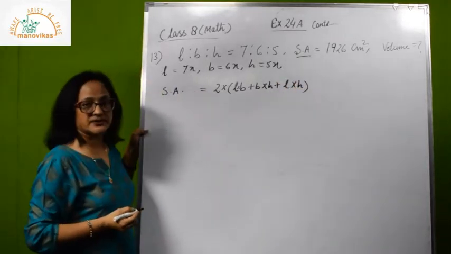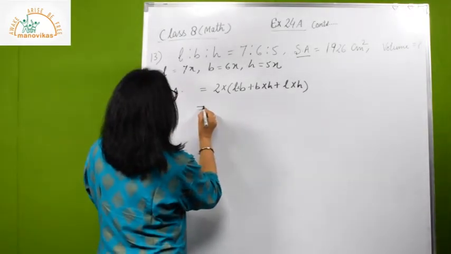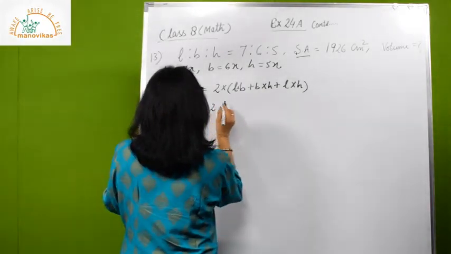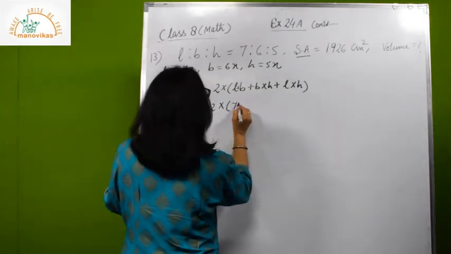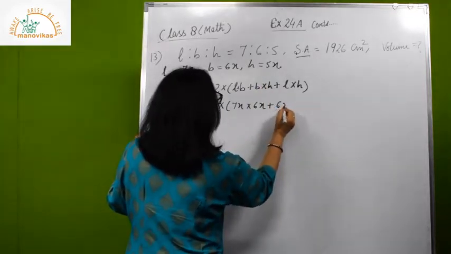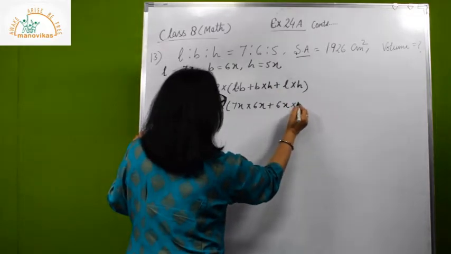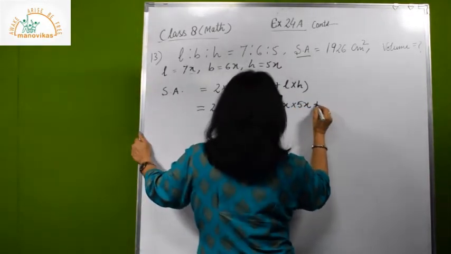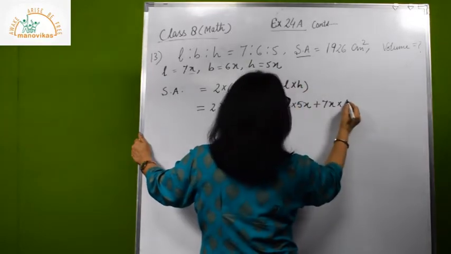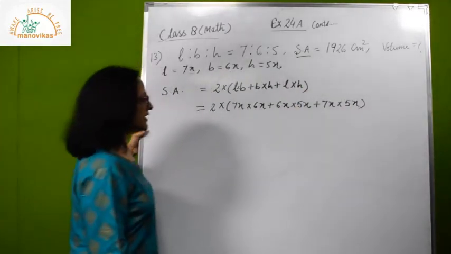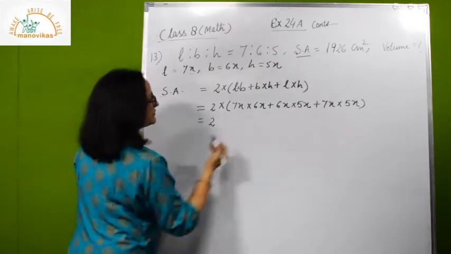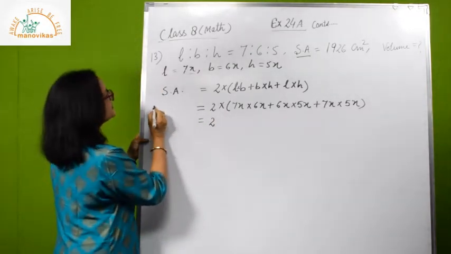Now put all the values of length, breadth and height in variable form. 2 into length 7x multiplied by breadth 6x, plus breadth 6x multiplied by height 5x, plus length 7x multiplied by height 5x. Before simplifying the bracket, substitute the value of the surface area also.